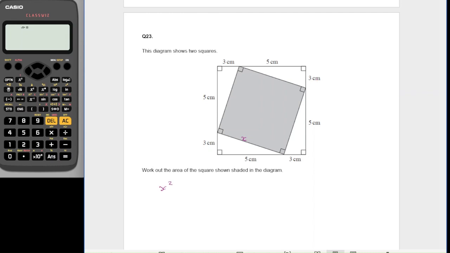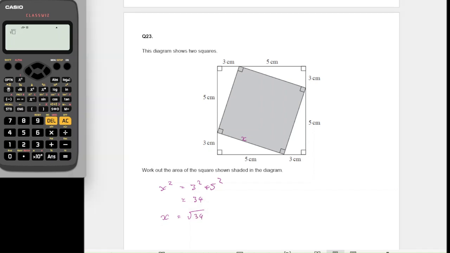So x squared is going to be equal to 3 squared plus 5 squared, which is going to give us 16, which is going to give us 36. Sorry, 34. So we want x, which is going to be equal to the square root of 34.